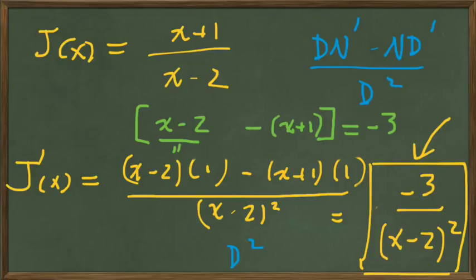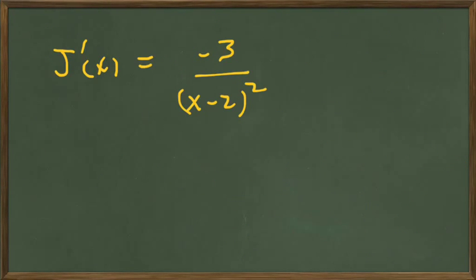I'll make one more note about this function j's derivative. Notice that the numerator is always less than 0 because there's no x values in it, and the denominator being squared is always positive, and so we have a negative number over a positive number, and that means that j prime of x is always negative.